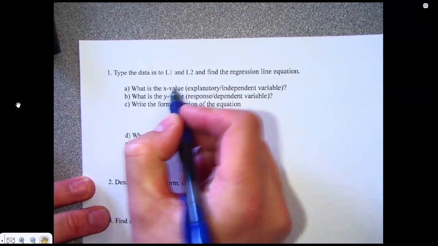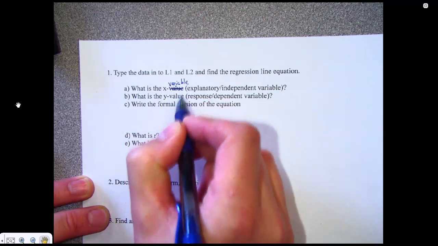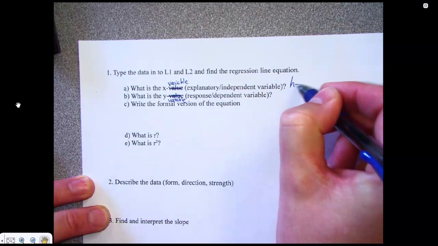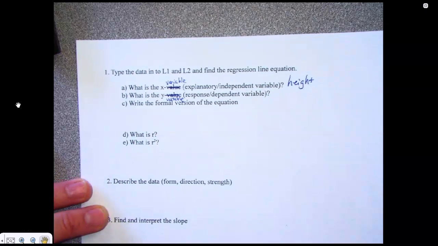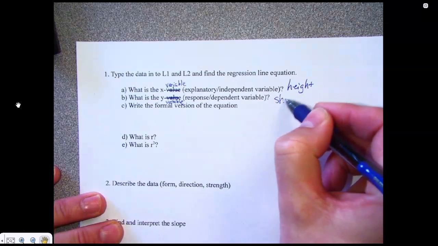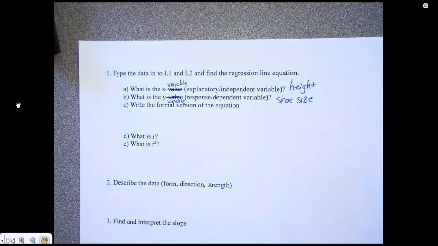I wrote that wrong. X variable is your height. That's my bad. And what's the y variable that we're working with? Shoe size. So we are trying to say that if I tell you my height, you can predict my shoe size.